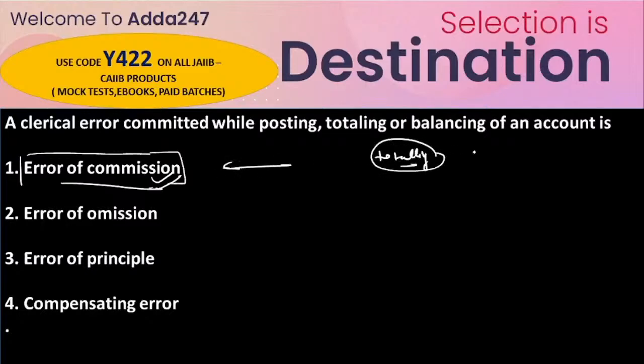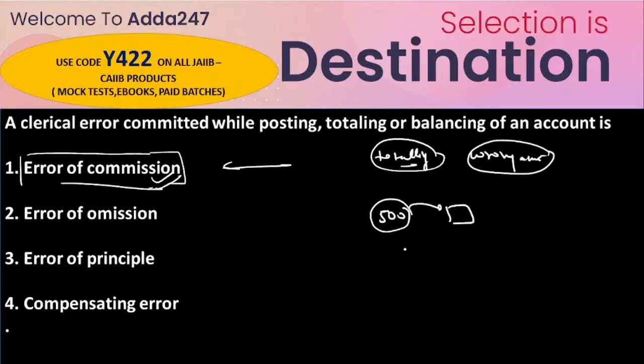Suppose you entered a wrong amount. Suppose you have to credit 500 rupees in someone's account, but by mistake you posted 5000 rupees. That is also an error of commission. And suppose you make a mistake in the totaling, that is also known as an error of commission.